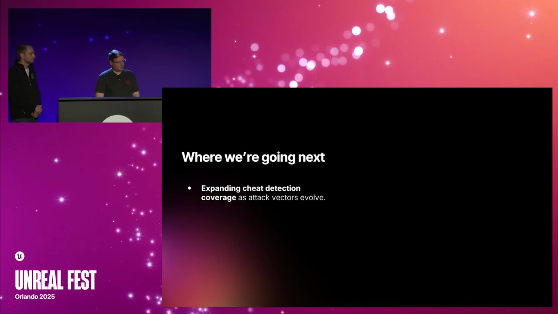What's happening next? Well, it's a cat and mouse game, right? We ramp up the game, the cheater does something new, so it's always going back and forth. I mentioned DMA cheats before. I mentioned hardware cheat devices. These are the focus areas for us, as most of the tools running on Windows and just attaching to the game process have been ruled out over the last months and years with the strategy I mentioned before.